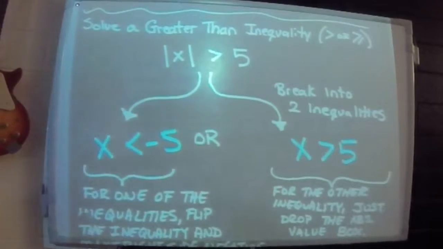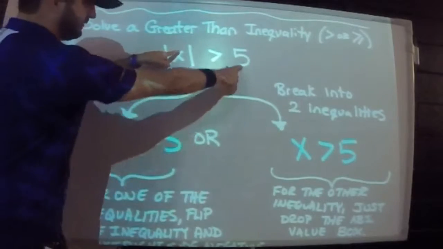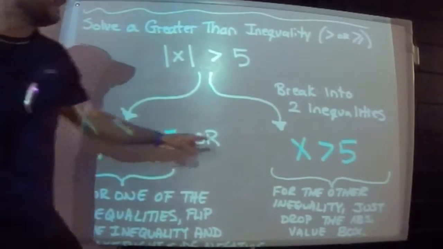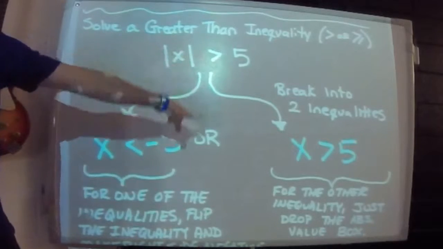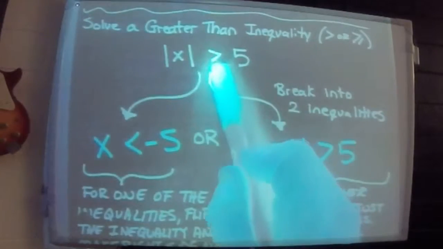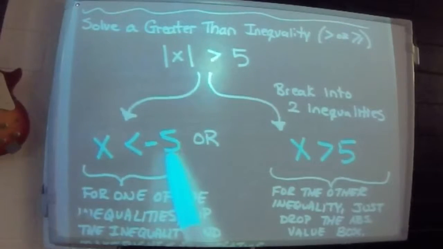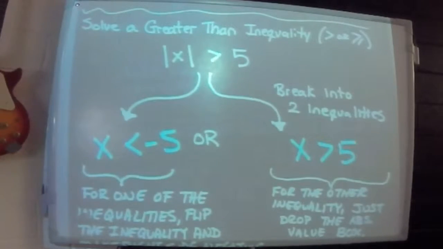So this one, the absolute value is always less than the negative 5, and over here it's just greater than the regular 5. So that's how we break it up when it's a real simple one like this. Absolute value greater than problems end up being x is less than negative 5, x is greater than regular 5.